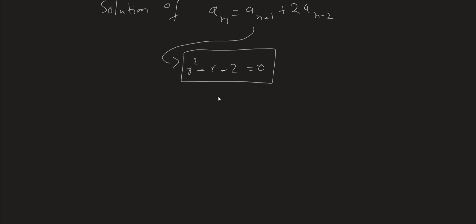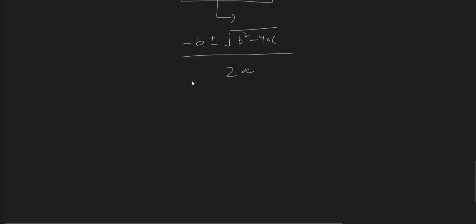And this is what we'll obtain in the end. Now at the same time, we know that this is a quadratic equation, and in the quadratic equation the two roots are obtained by this formula: minus b plus or minus the square root of b squared minus 4ac, divided by 2a. Here this will be equal to r1 and r2.